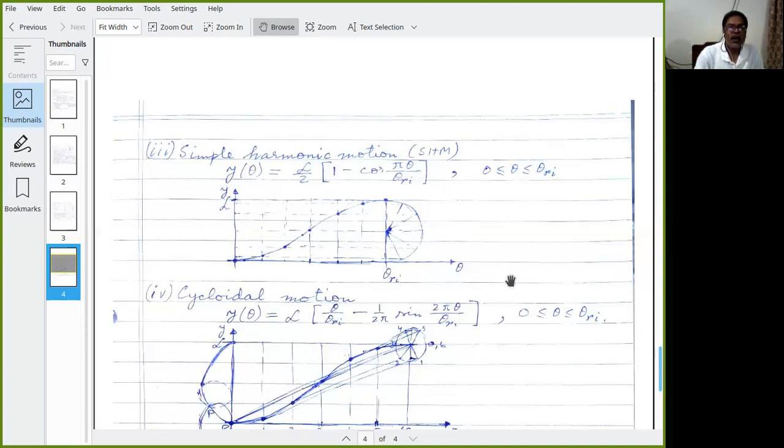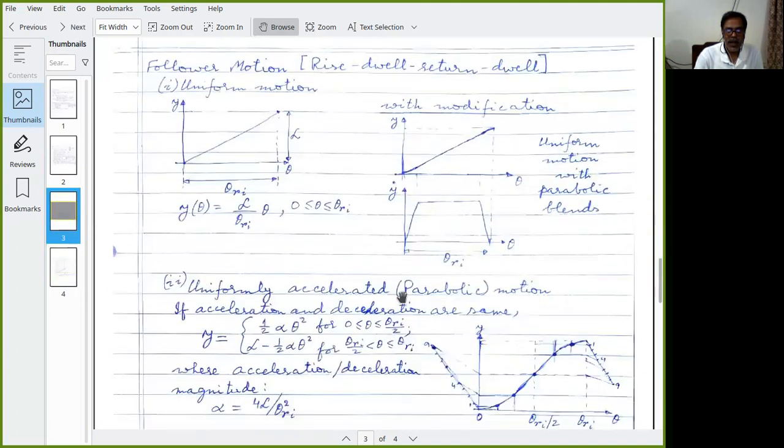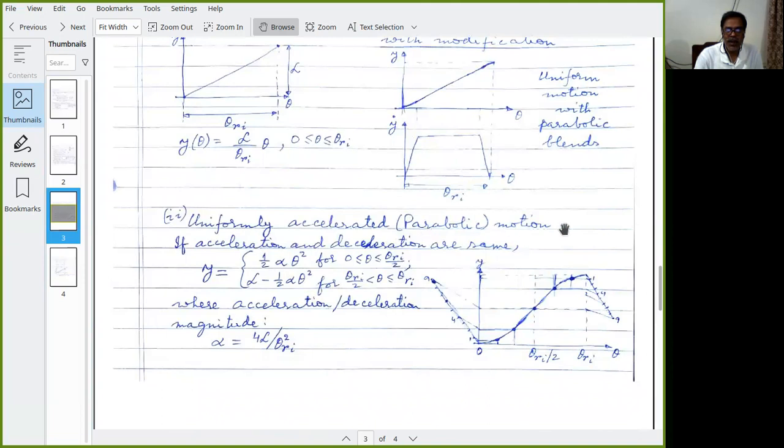There is another. Okay, so this kind of a graphical method was there for the uniformly accelerated motion also. So here again, say for half of the interval, it has an accelerated motion. For the rest half, it has a decelerated motion.